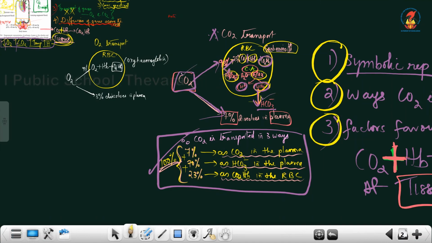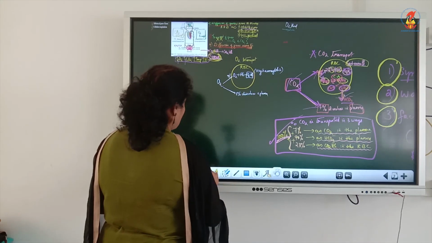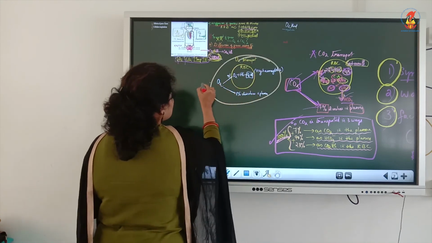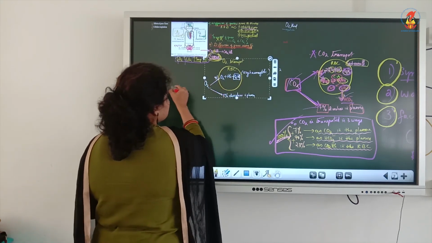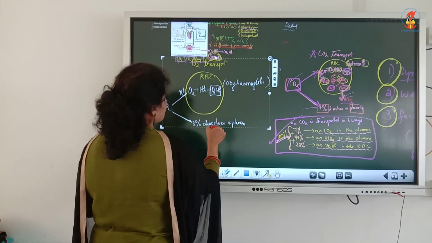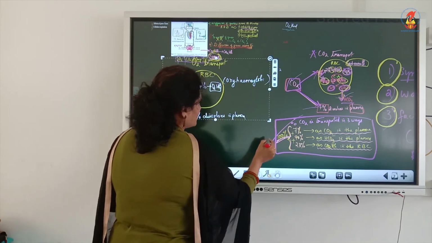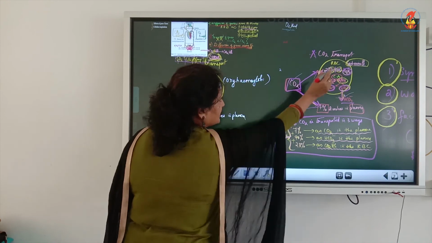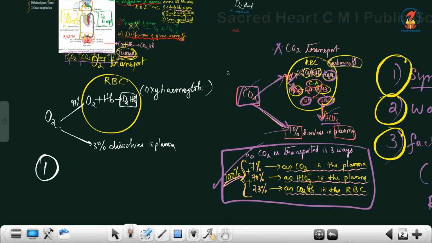And third, the factors favoring association or dissociation. Same thing I am incorporating into oxygen transport. So oxygen transport we learned, it's more simple. So I am following that scheme that I gave. First you are giving the symbolic mind map.